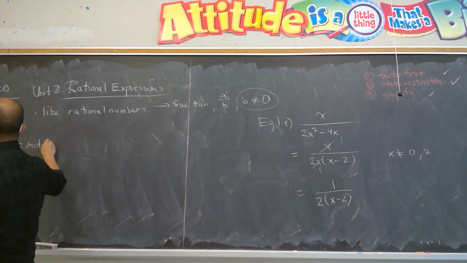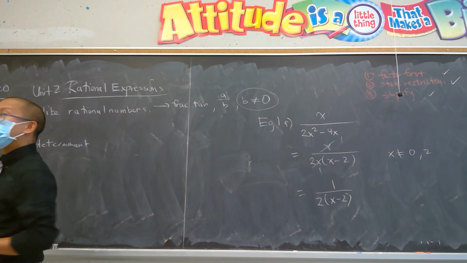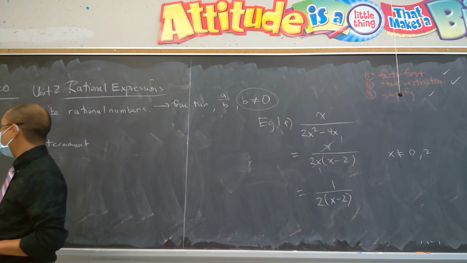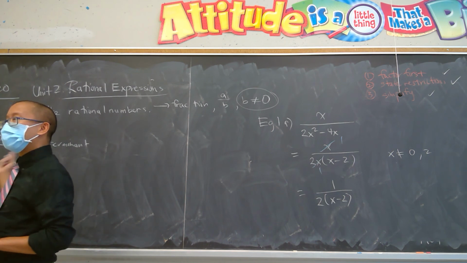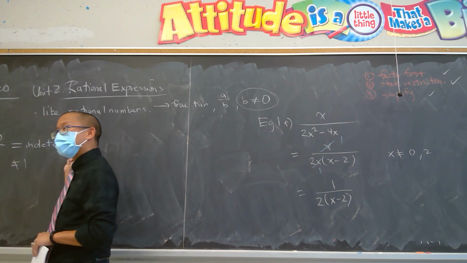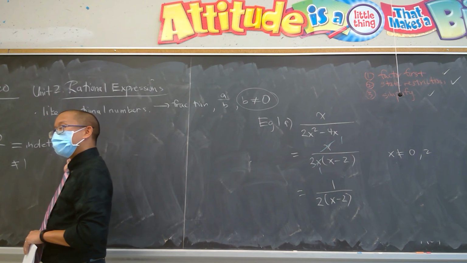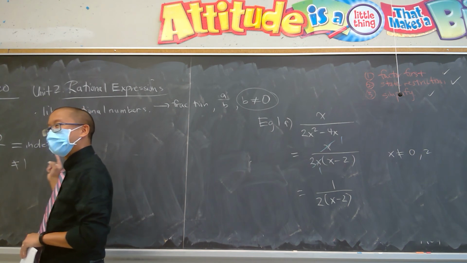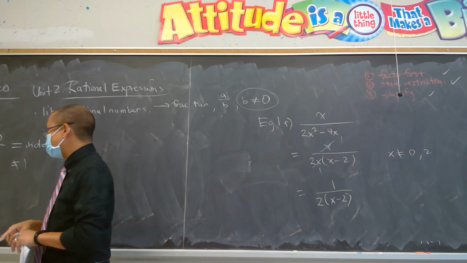It's called indeterminate. 0 over 0, you can't answer. It's not 1. I don't know the answer. This is actually the answer. Indeterminate. Can we say infinity? No, it's not infinity either. I'm not lying. It's called indeterminate.